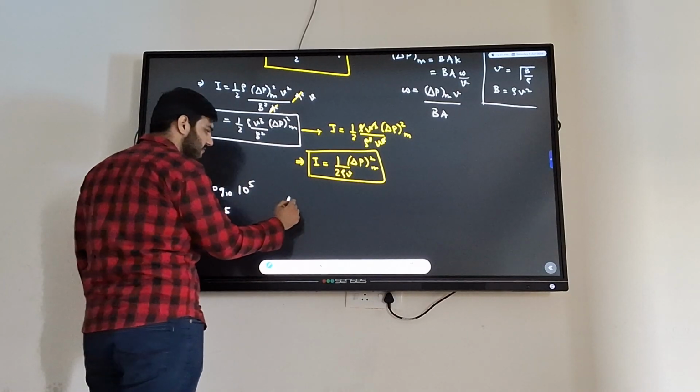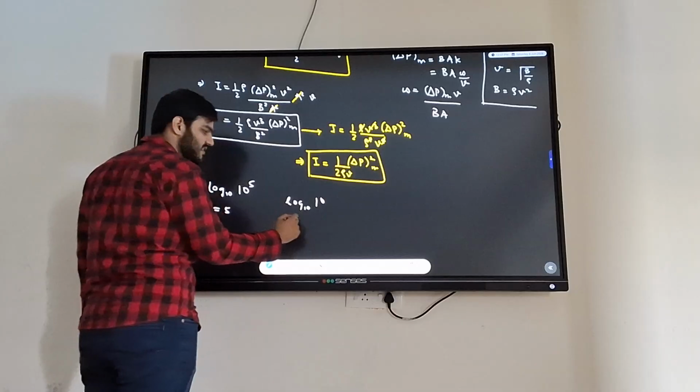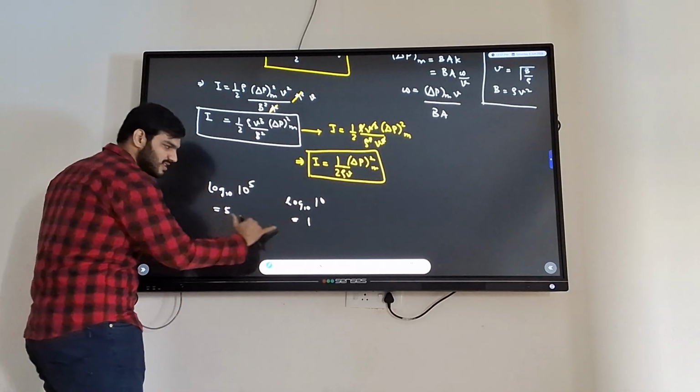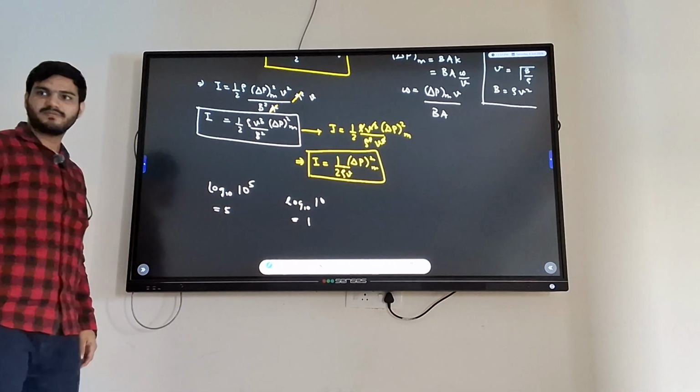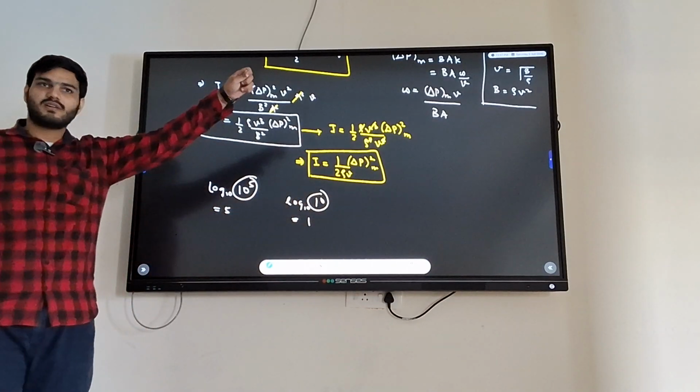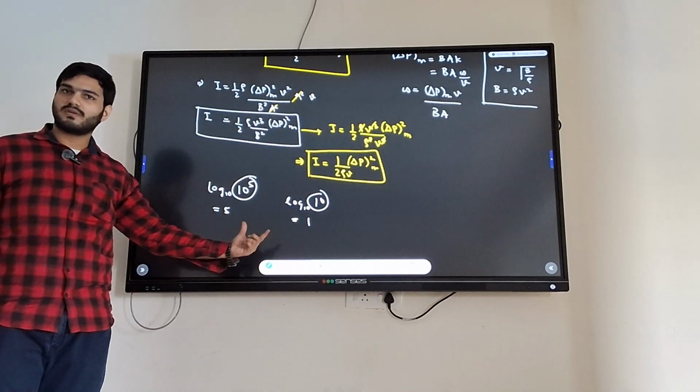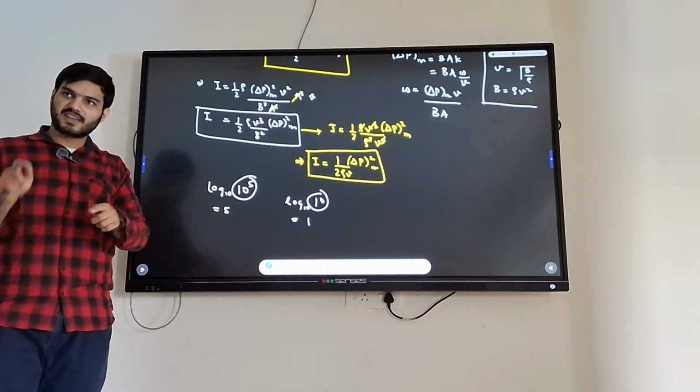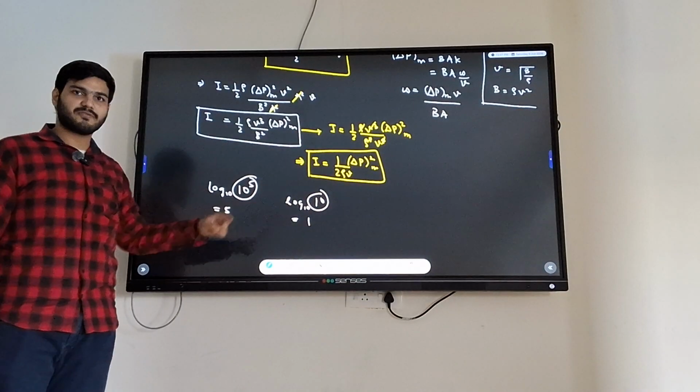And let's say I have an input which is 10, then what is the answer? 1. Can you see that the range has decreased so much? Your input range was so huge, but now you have scaled it down. So a function which helps in scaling down things is a logarithmic function.